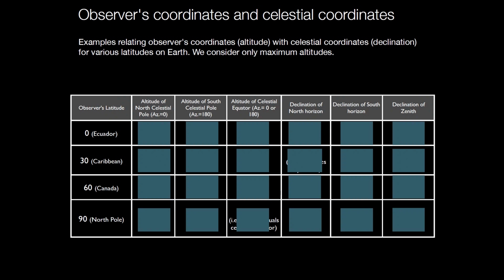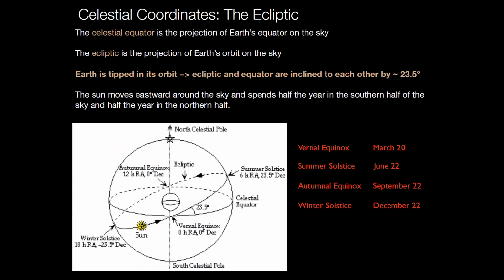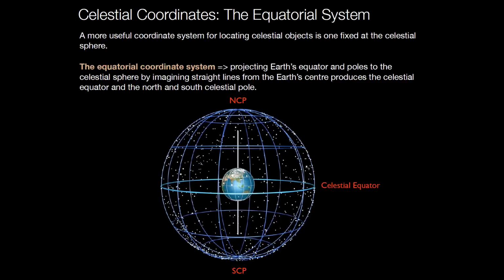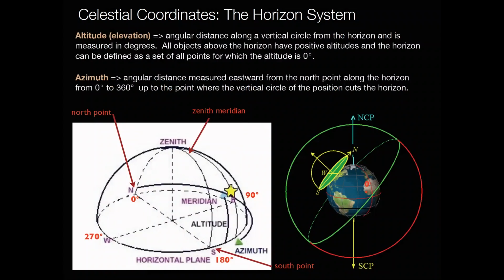Right. So let's start with the observer that's at the equator. Let's scoot back to imagine what that's going to look like in terms of this diagram. Imagine this is the local horizon system for the observer, but the observer's on the equator.